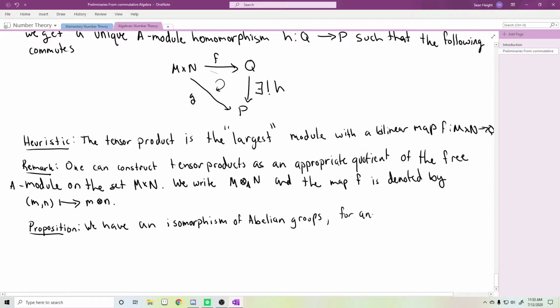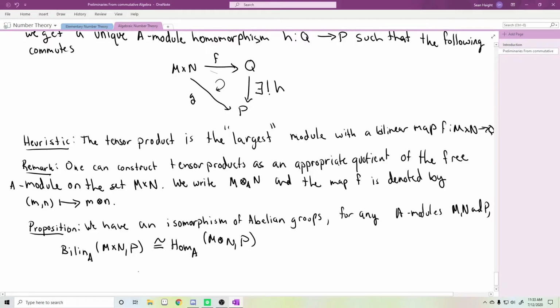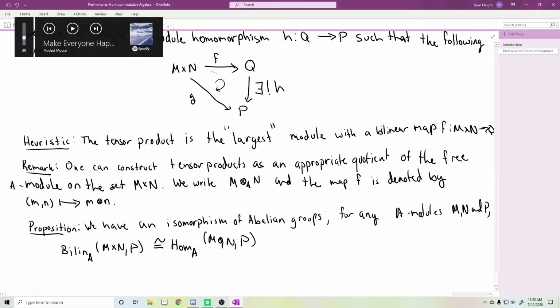For any A modules M, N, and P, the A bilinear maps from M cross N into P can be identified with the regular A linear maps from M tensor N to P.